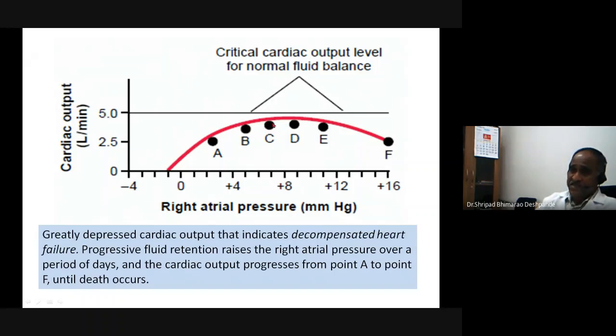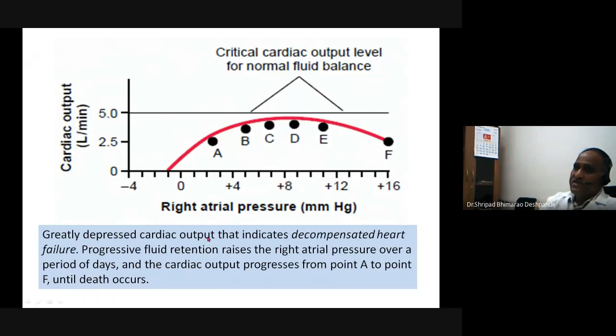C is in days, trying to recover, hold on. Then E is the stage, maybe the fifth or sixth day, where it tries to fall. But you see here the right atrial pressure is increasing, and finally F is the stage where it's not able to hold on, it falls, and that would kill the animal. That person will die.